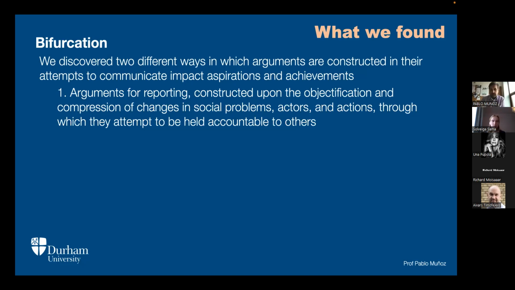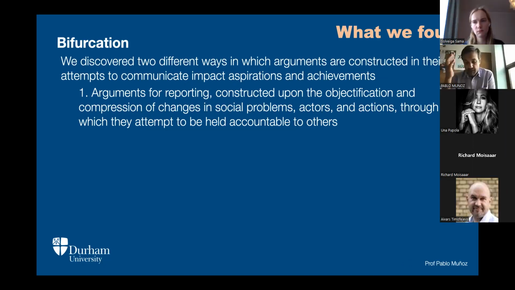They're normally outward-looking argumentation, and those arguments are constructed through objectification and compression of changes in social problems and in the actors involved and the actions that mobilize action. And essentially they do that because they want to be held accountable to others. So it's a way of building legitimacy into the business.